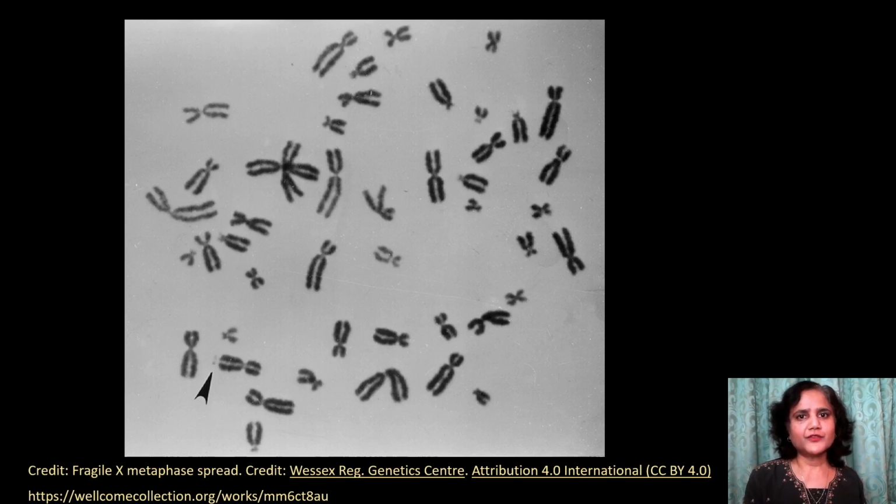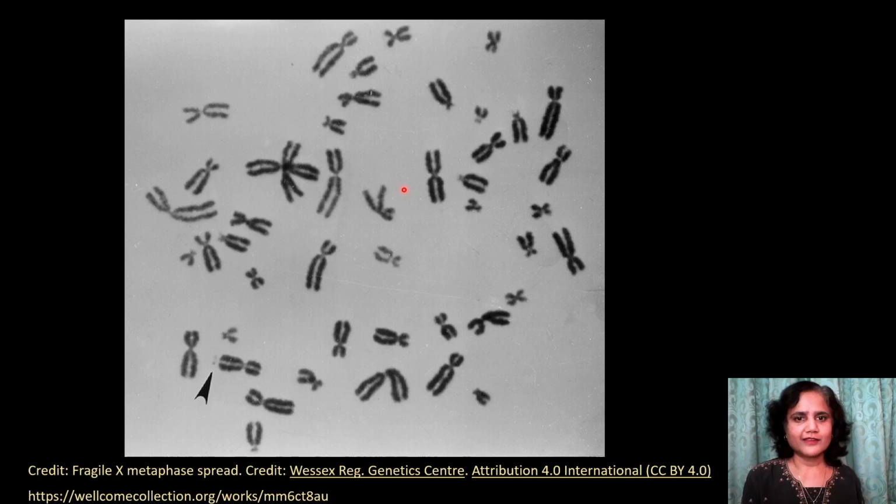This is a metaphase spread of human chromosomes to show the structure of a metaphase chromosome. Once again, you can see there are different sizes of the chromosomes. In humans there are 23 pairs of chromosomes. So here's one chromosome which is a metacentric chromosome.